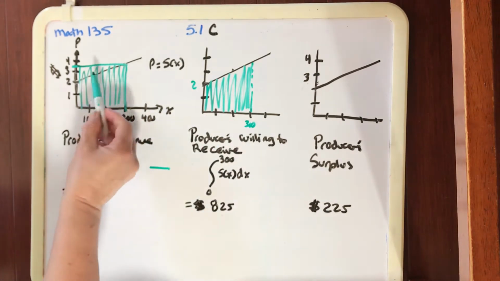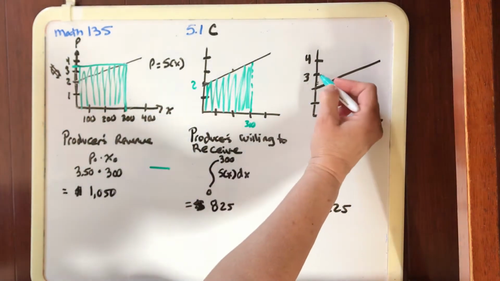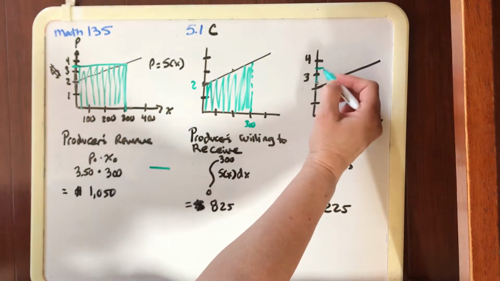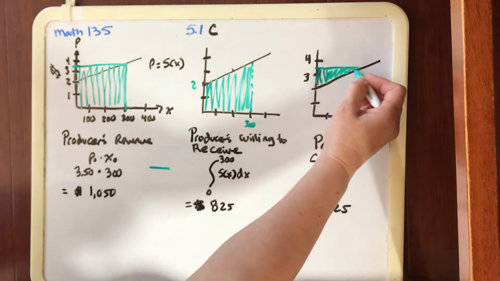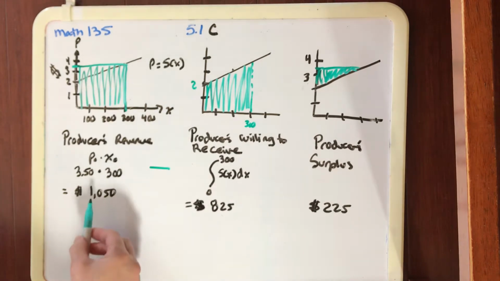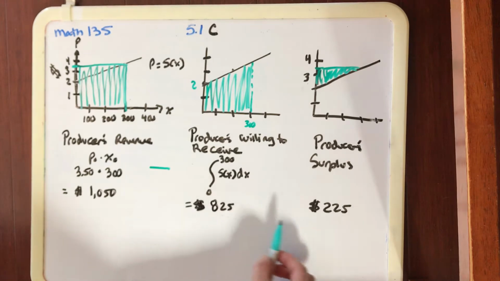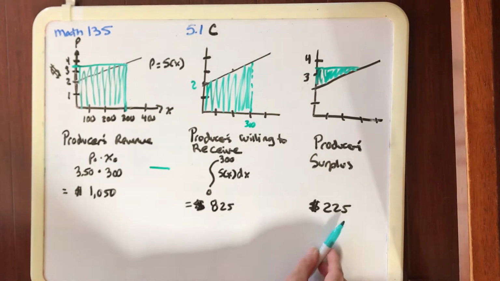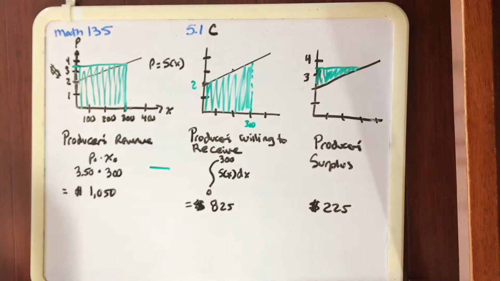So if you look at the picture and you take this area and you subtract this area, that's going to give us this little piece right here, all the way here. So there's our producer's surplus. So we have $1,050, take away $825, and this is what she would be making extra if she was happy to make $825. Okay, so let's continue on.